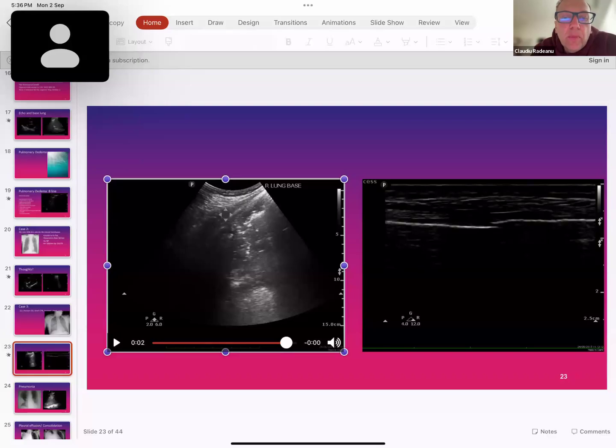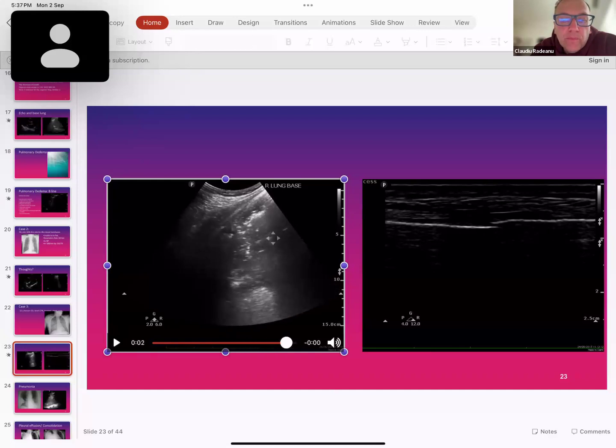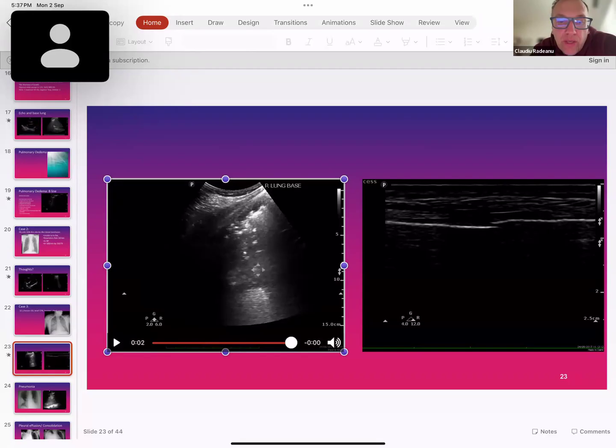But you cannot see the A lines. You can't see the comet tails. But you see a lot of echogenicity, so you have increased echogenicity of the lung. You can start seeing through it, and in the middle of it, you have these white blobs, which is air.